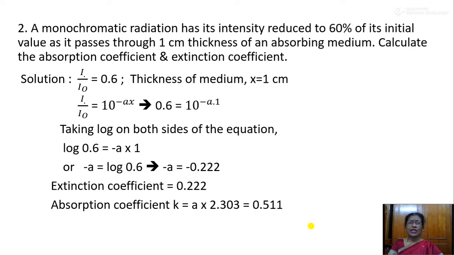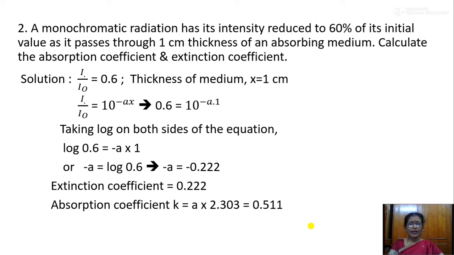Now the second problem: a monochromatic radiation has its intensity reduced to I by I naught is equal to 60% of its initial value as it passes through 1 centimeter thickness of an absorbing medium. Calculate the absorption coefficient and extinction coefficient. Two parameters you have to find out. Solution: I by I naught is equal to 60%, that is 0.6.